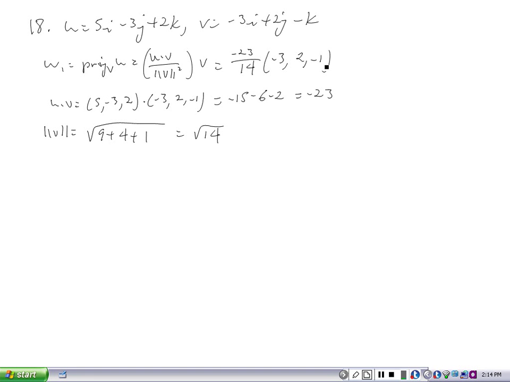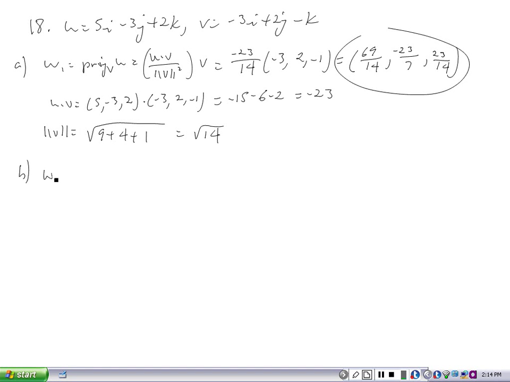This gives us some fractions, and I had to use my calculator to make life easier: 69 over 14, comma, negative 23 over 7, or negative 46 over 14, comma, 23 over 14. And that was for the first part, part A.